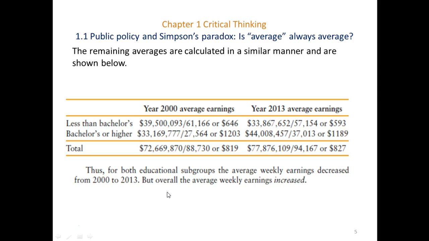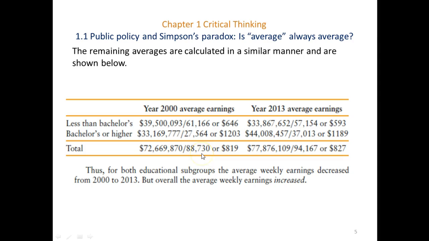When you do this for all the categories, we can summarize the average earnings per worker for all categories. As you can see, for people with less than bachelor's degree, earnings have decreased from $646 per week per worker to $593 per week per worker. And for people with bachelor's degree or higher, the earnings per week per worker have decreased as well, from 1,203 to 1,189.